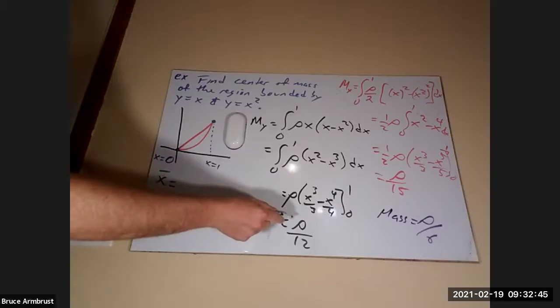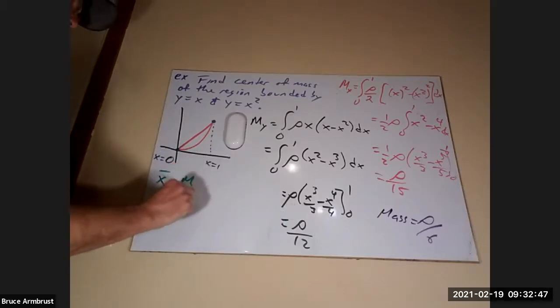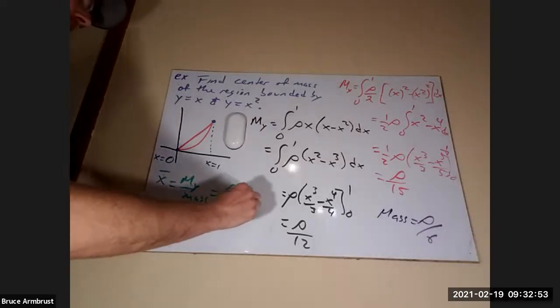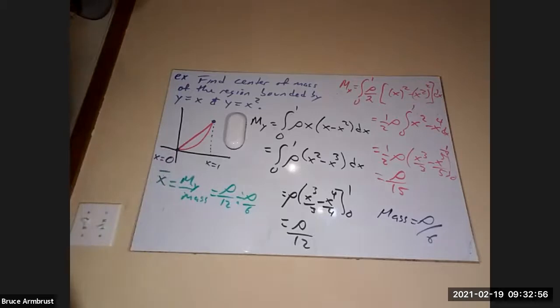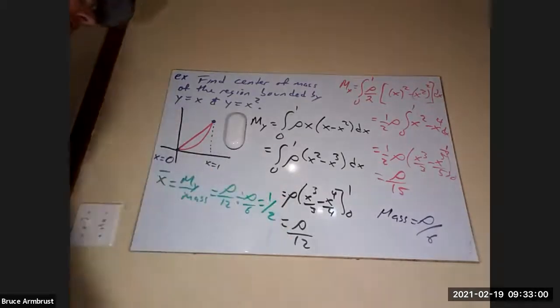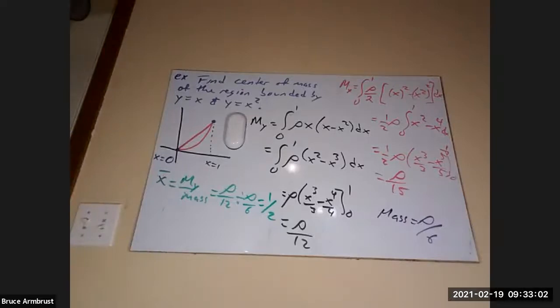That's going to equal that My over the mass. So that's rho over 12 divided by rho over 6. If you flip it and multiply, you end up getting 1/2. So that's the x coordinate of our center of mass.